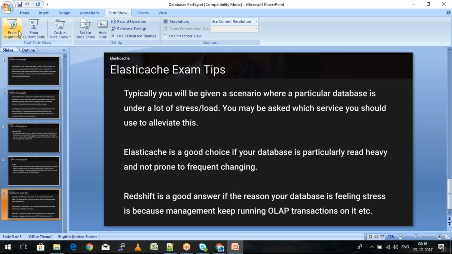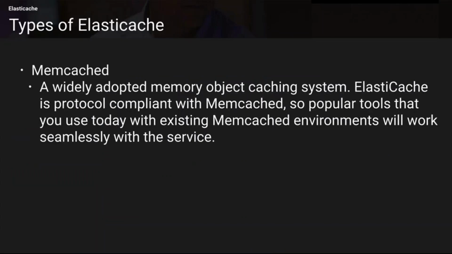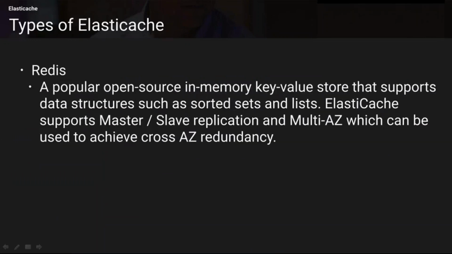Okay, so there are two different types of Elasticache engines we have. One is Memcached and the second is Redis, and both of them are open source tools. So if you want a very simple architecture, you can go with Memcached. And if your web application has a lot of complex sets, like sorted sets, lists, arrays, and you want to go with the master slave replication concept, then you go for Redis.